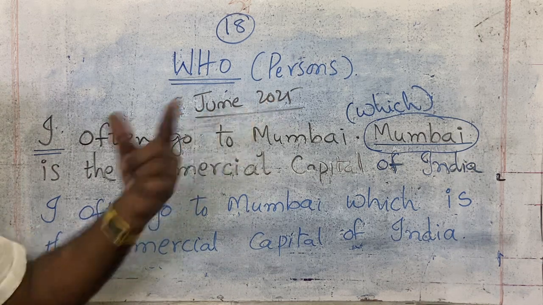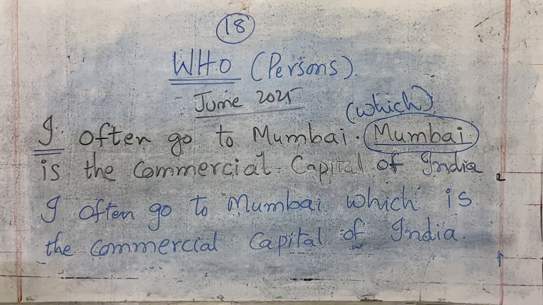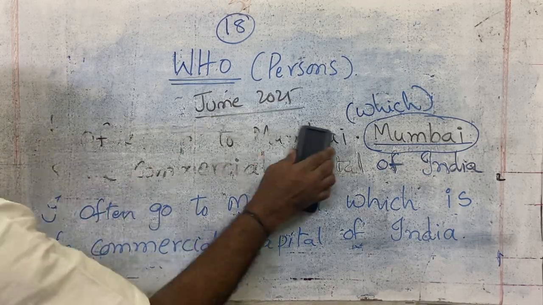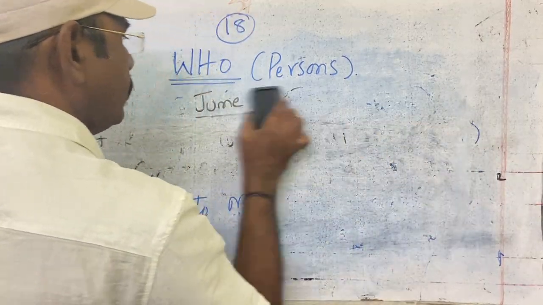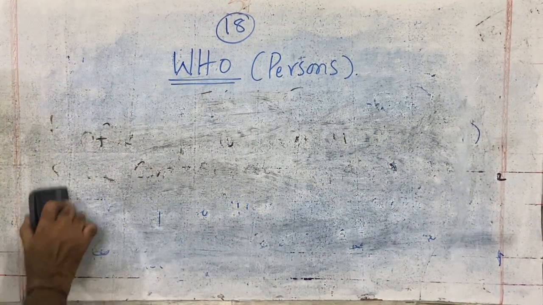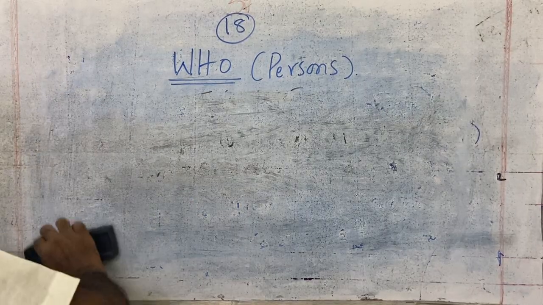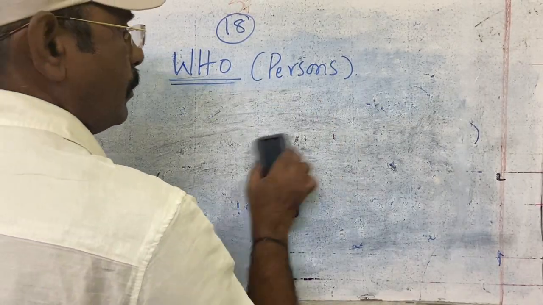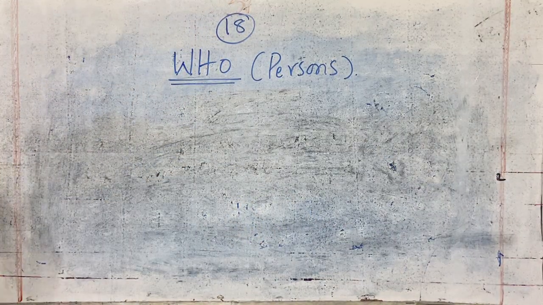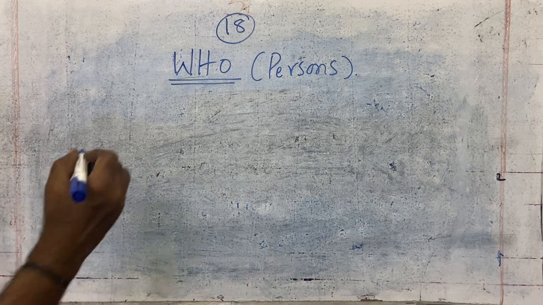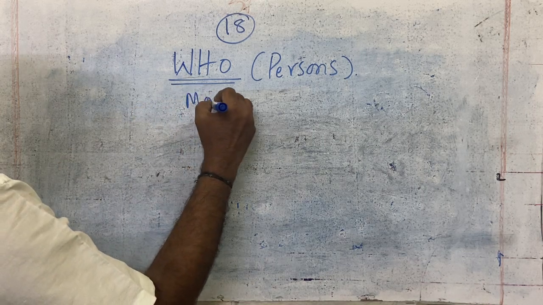This is in June 2025. Now we will verify March 2025. What is given there? March.